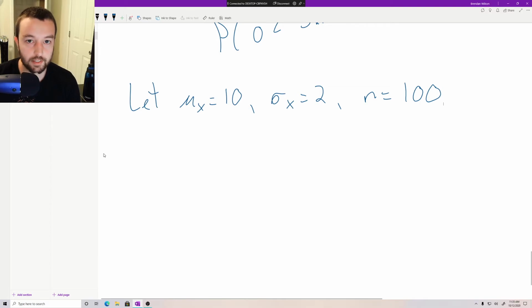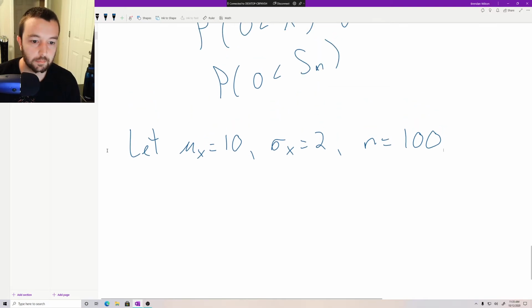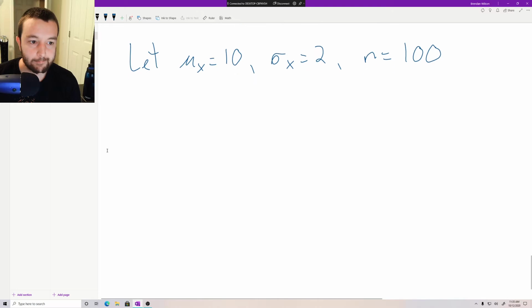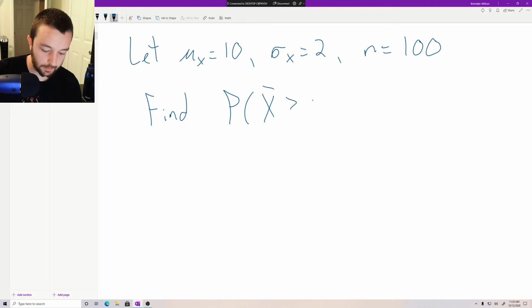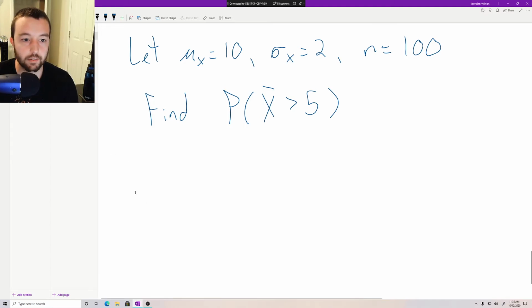So make sure it's at least 30. If we want to find the probability that x bar is bigger than 0, or maybe let's just use like 5 or something like that.